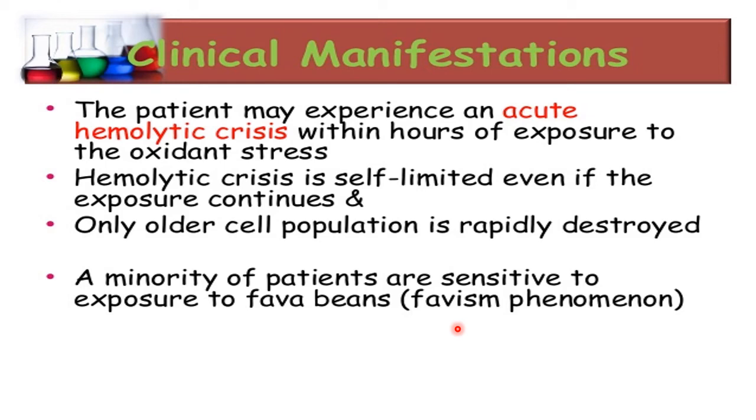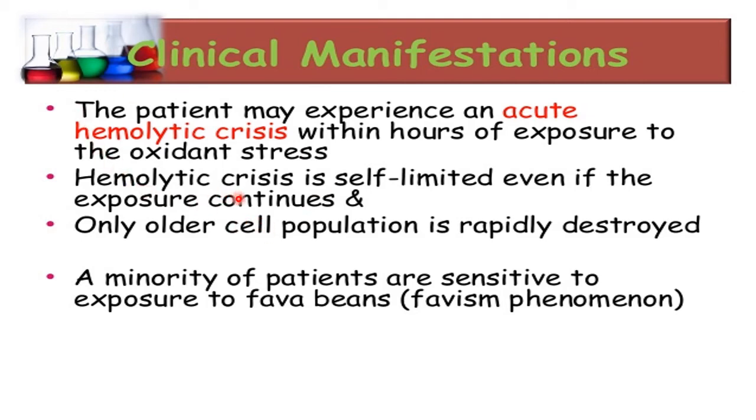Clinical manifestation: the patient may experience an acute hemolytic crisis within hours of exposure to oxidant stress. Hemolytic crisis means it is characterized by an accelerated rate of RBC destruction leading to anemia, jaundice and reticulocytosis.